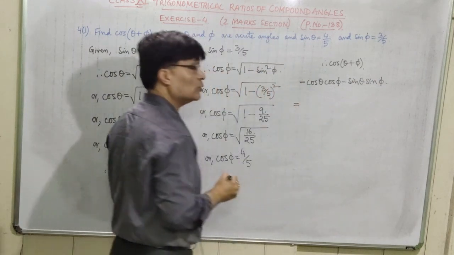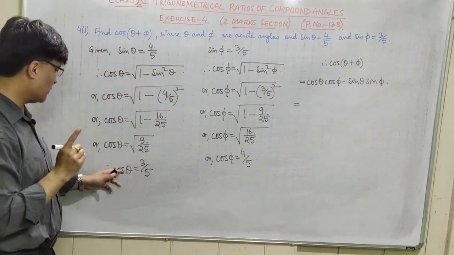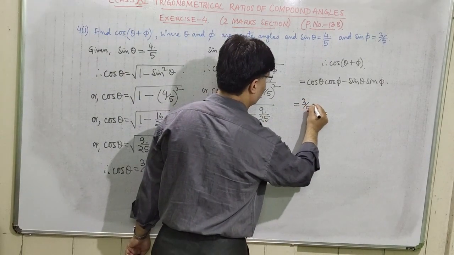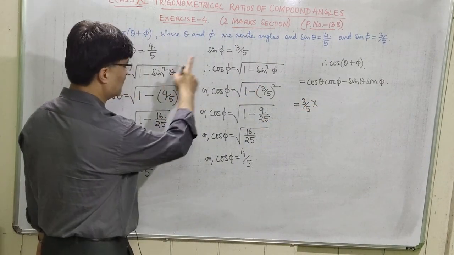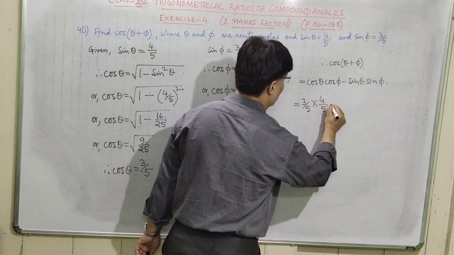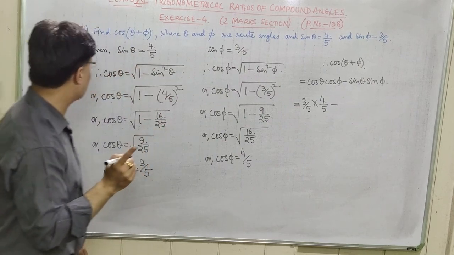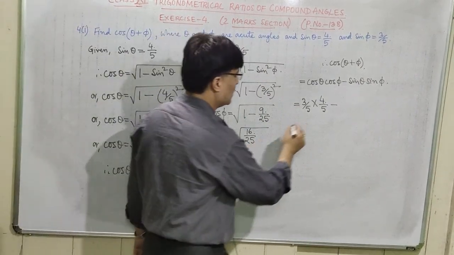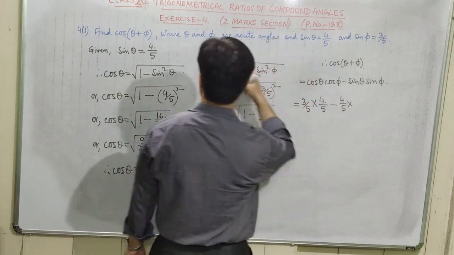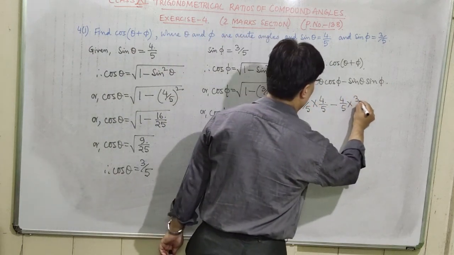So what is the value for cos theta? It is 3 by 5, into cos phi, which is 4 by 5. Then the minus sign is here. Sin theta is 4 by 5, into sin phi, which is 3 by 5.